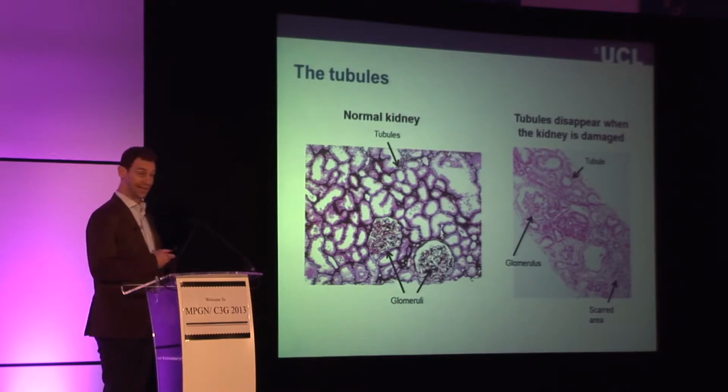Now, when we do a kidney biopsy, the first thing that we look at is the sort of architecture. We can see the glomeruli, we can see the tubules. And if a person has had kidney damage for any length of time, then the tubules gradually disappear. That's presumed to be because as the glomeruli are damaged, they fail to produce the urine and the tubules just wither away. And what you see is areas of scarring or atrophy.